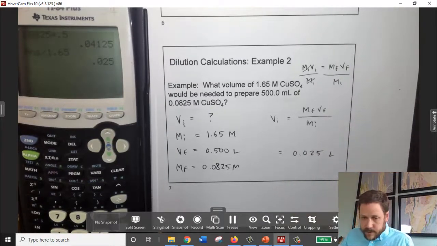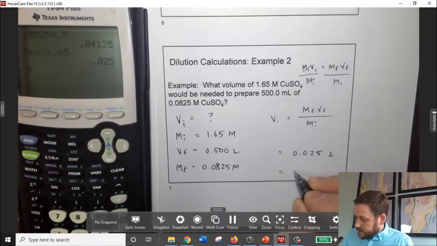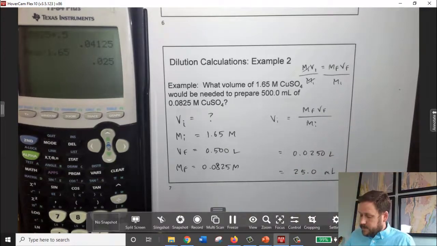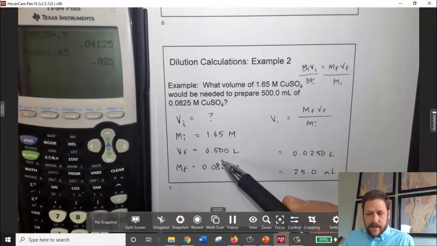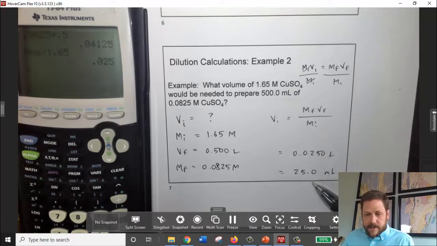Now, I could report that answer in liters, or I could report it in milliliters. In both cases, it looks like I should have 3 significant figures, and if I had kept my volume in milliliters and typed in 500, then I would have gotten this final answer of 25 milliliters instead of this one. But either one of those approaches works.